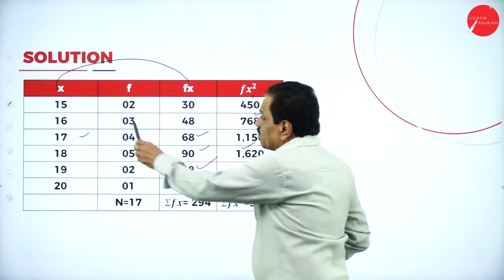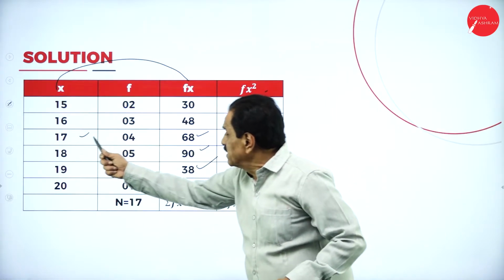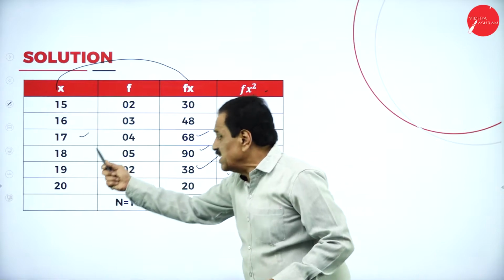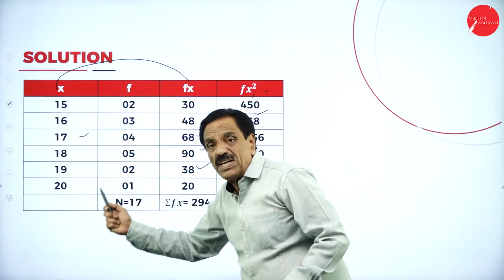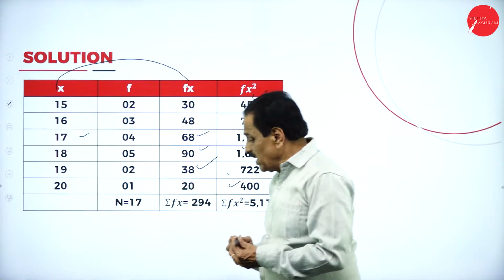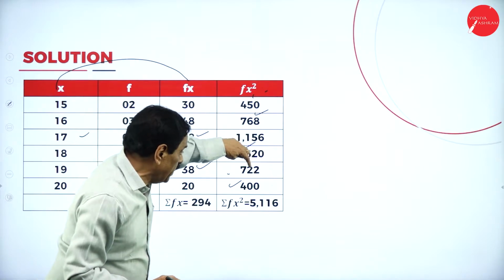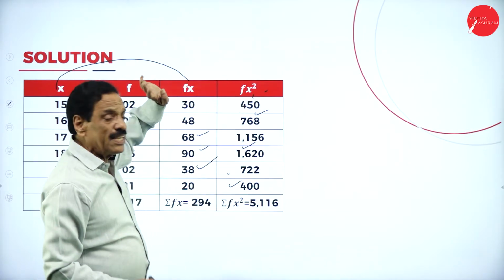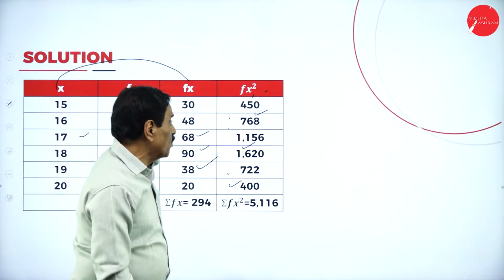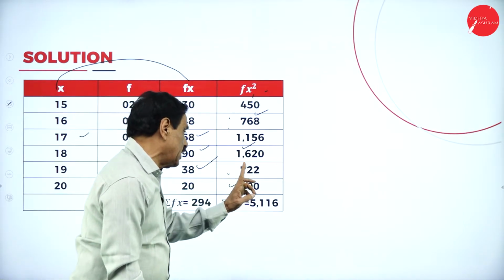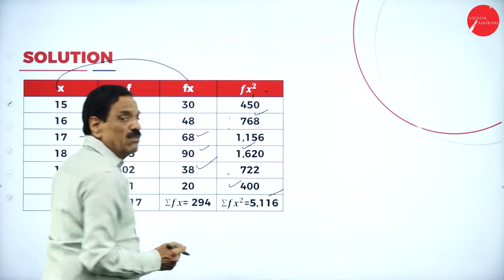How to do? 15 into 30, 16 into 48, 17 into 68, 18 into 90, 19 into 38, 20 into 20. So when you add this figure, it will equal 5,116.